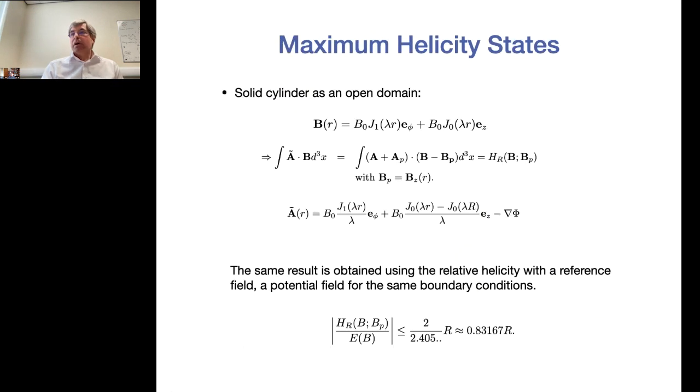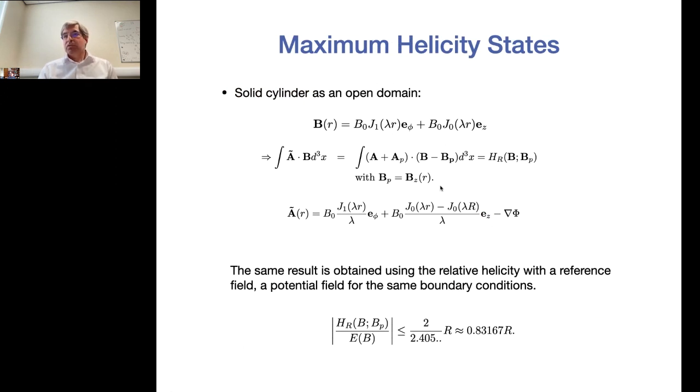Right. One can do the same for an open domain. So for an open domain, that means our cylinder is now not periodic anymore, and at the top boundary and the bottom boundary, a field can enter and leave the domain.